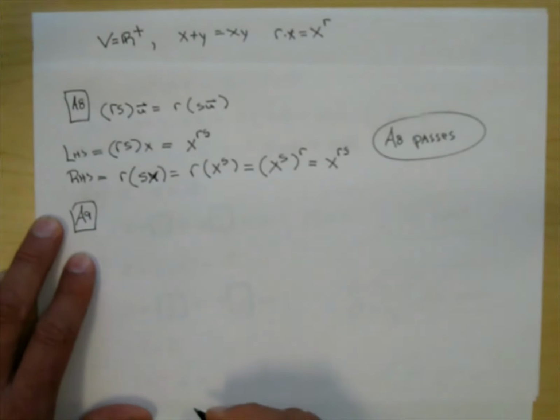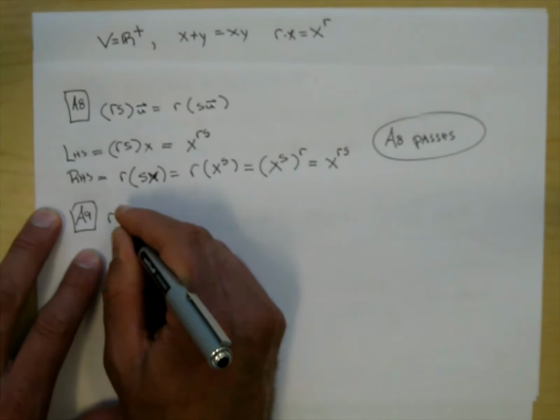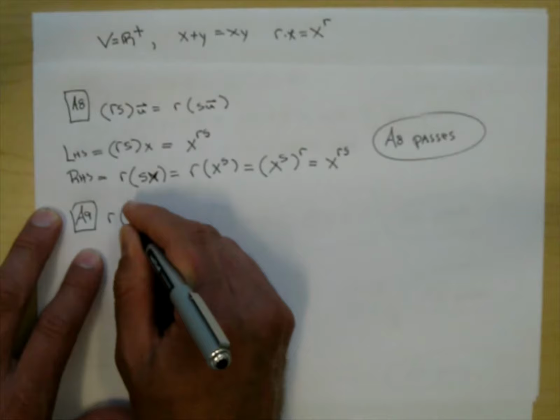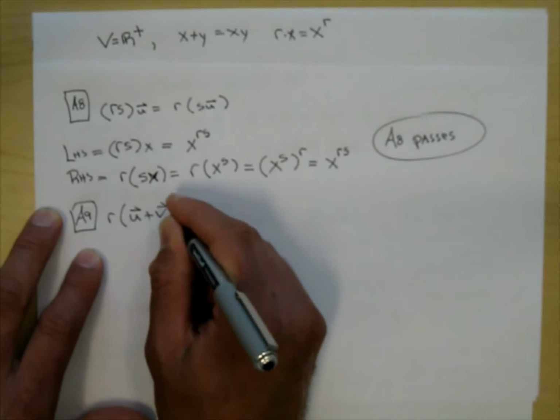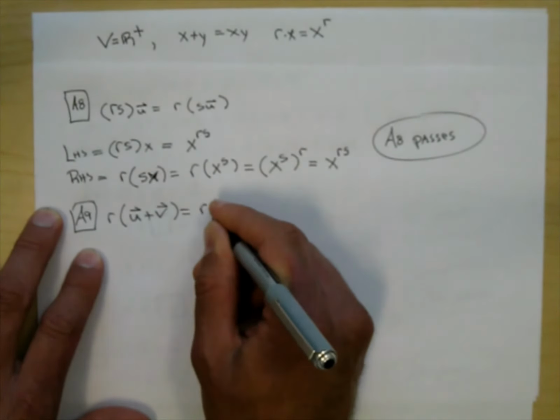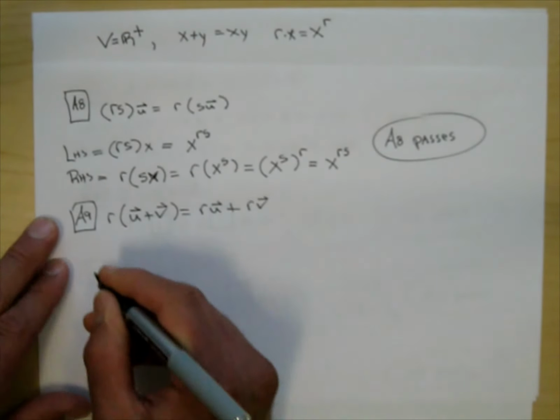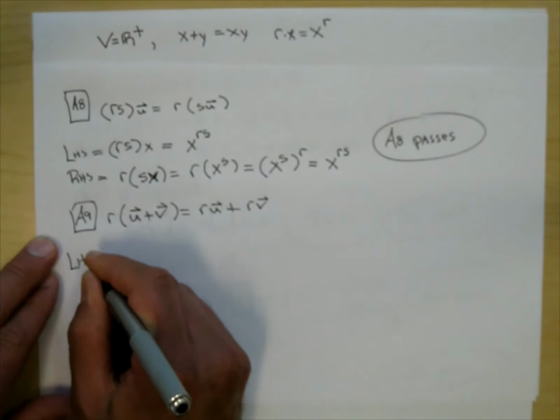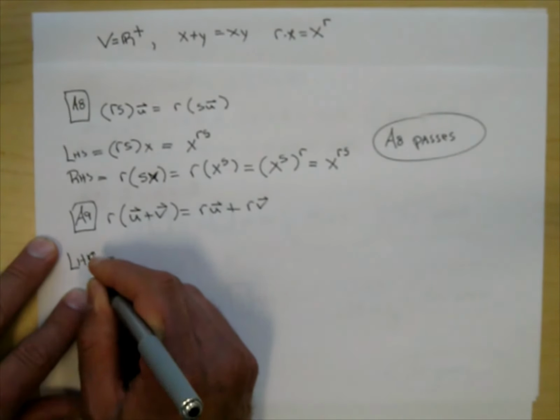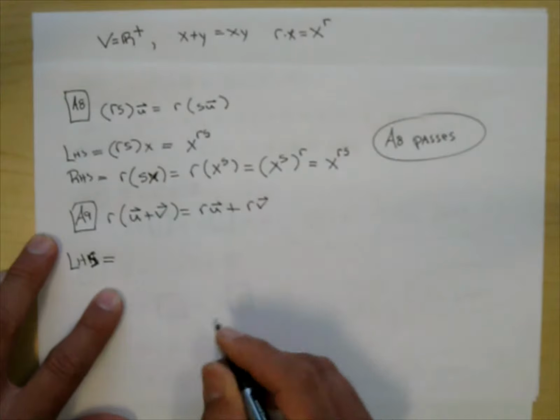A9 says this has to be true. Scalar times vector plus vector equals that scalar times the first vector plus scalar times the second vector. Okay, the left-hand side, okay, going a little crazy here. So what do we have?